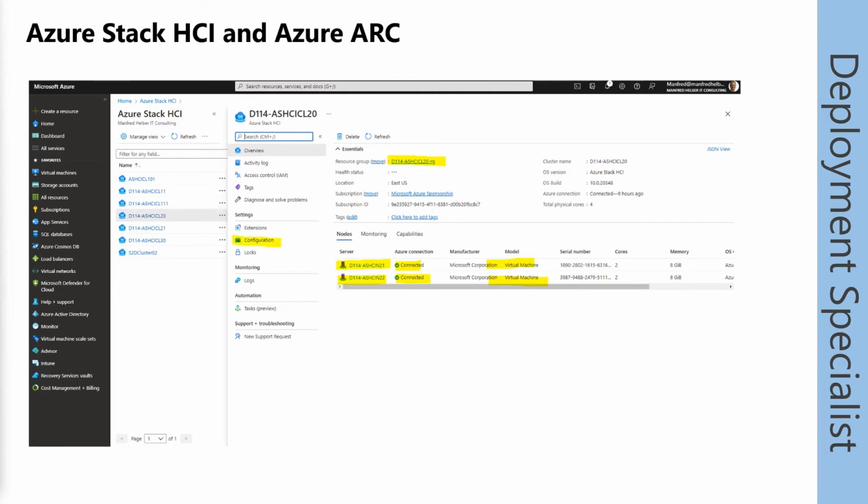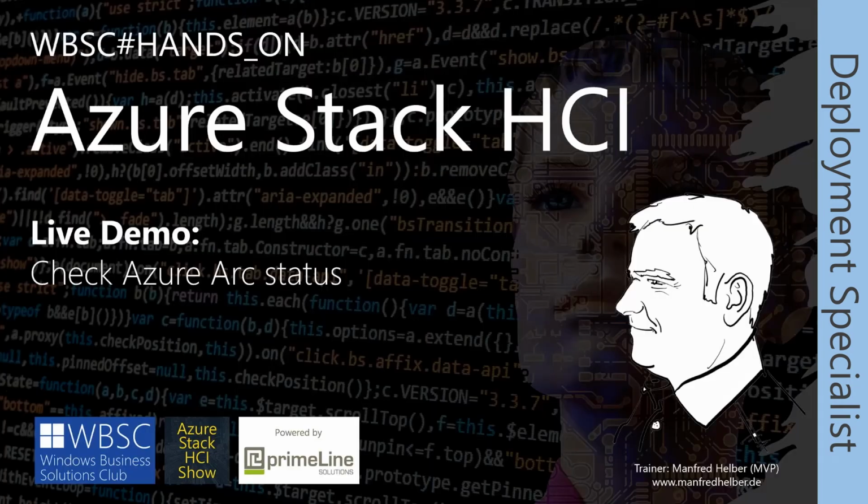I can send configurations. I can use functionality from the Azure portal to bring this to this Azure Stack HCI cluster. So let's check the Azure Arc status in our demo environment we used in the previous demo.